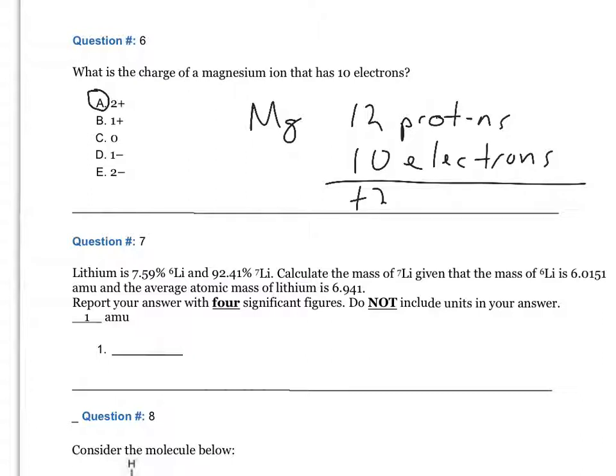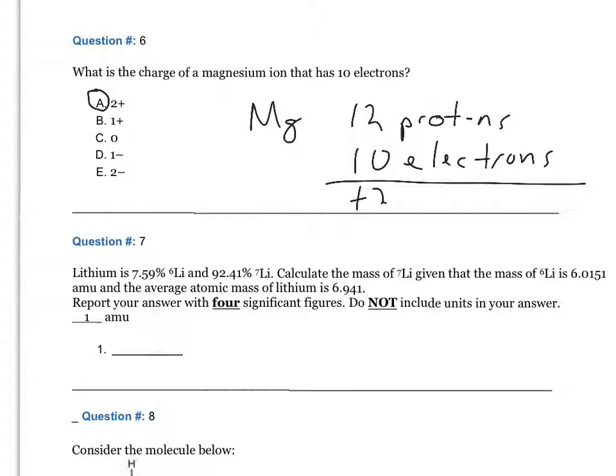Question number 7. Lithium is 7.59% lithium-6 and 92.41% lithium-7. Calculate the mass of lithium-7 given that the mass of lithium-6 is 6.0151 AMU and the average atomic mass of lithium is 6.941. Report your answer with 4 significant figures.